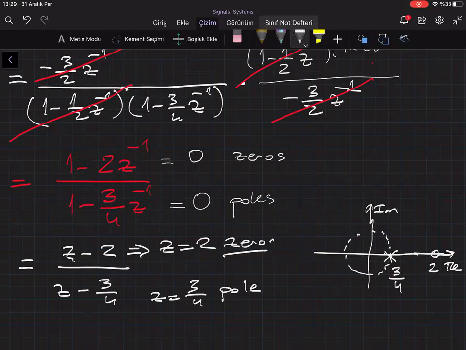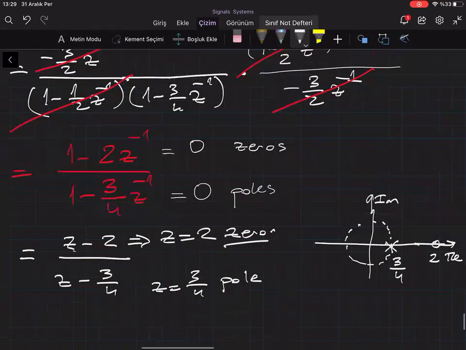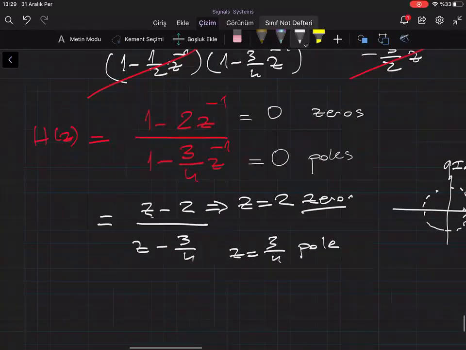Because now I found h of z like this, I can easily do everything quite smoothly. You can see how smoothly we will continue from now on.